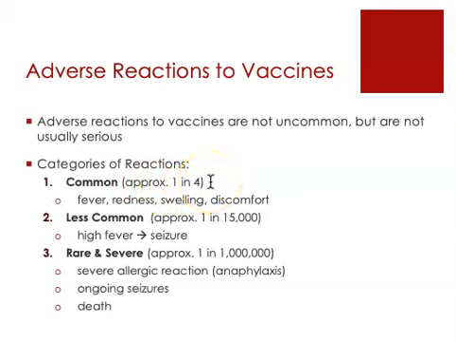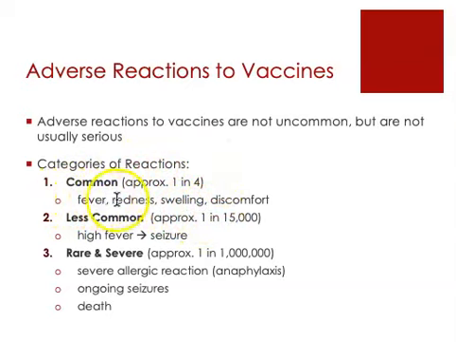And again, this is things like pain and swelling and redness at the injection site if the vaccine is injected, muscle discomfort, fever sometimes, fatigue, malaise, just feeling poorly. These are considered common reactions. And again, about 1 in 4.